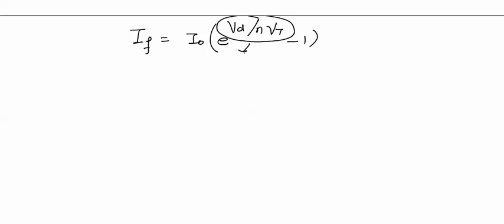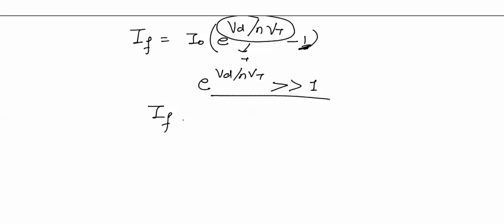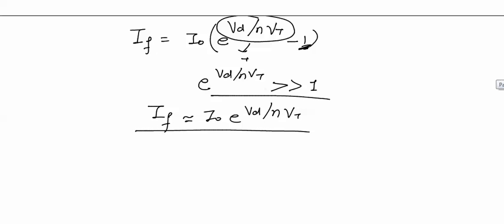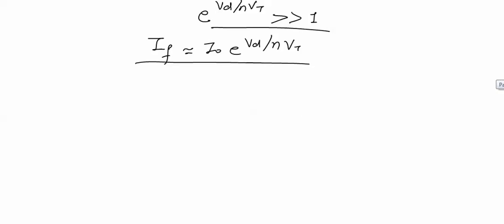As this part is positive, e raised to power Vd upon eta Vt will be a positive exponential, and surely it will be very greater than 1. So I can neglect this one and can write IF nearly equal to I0 into e raised to power Vd upon eta Vt. Same equation used for reverse bias condition.